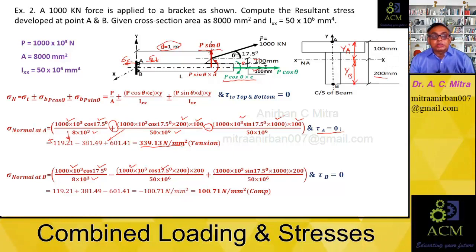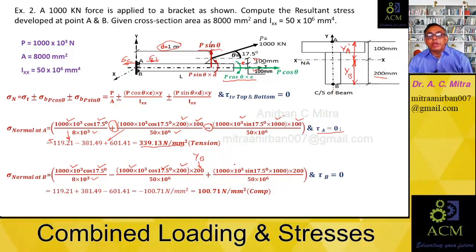So P is 1000 into 10 raised to 3, theta is 17.5 degrees, and E is 200, that we already know. But the only difference is the y. So here it will be YB. What is that YB? YB is basically the distance from the neutral axis to point B. So that will be 200 mm. So here we are putting 200 mm again.